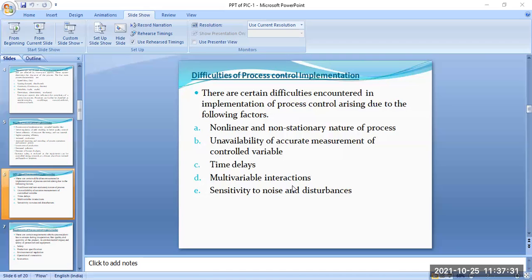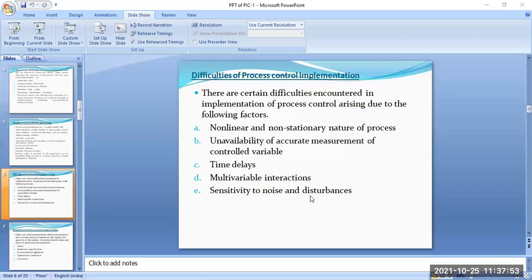Last one, that is sensitivity to noise and disturbances. This process or plant is continuously subjected to various types of known and unknown disturbances. These known and unknown disturbances occur in process industries, so the noise increases.